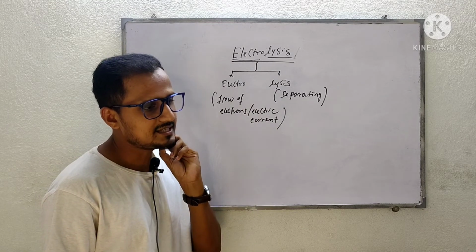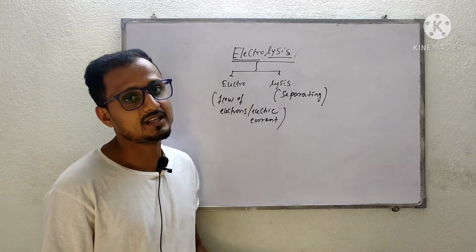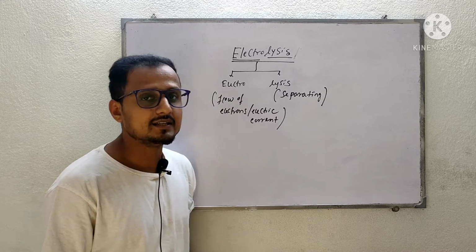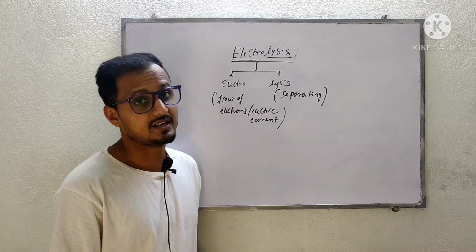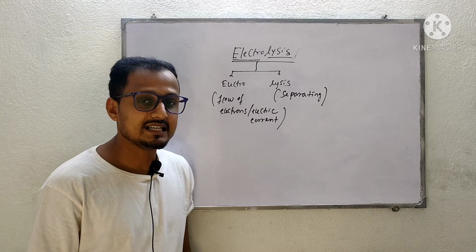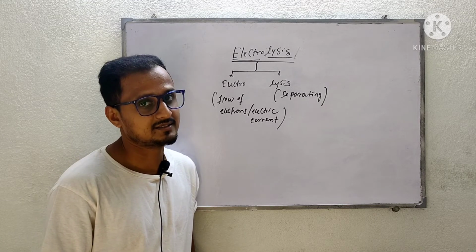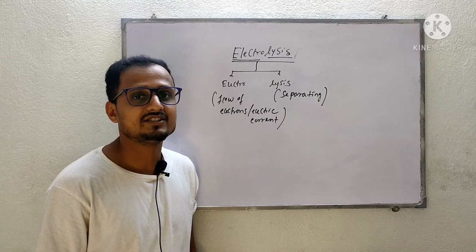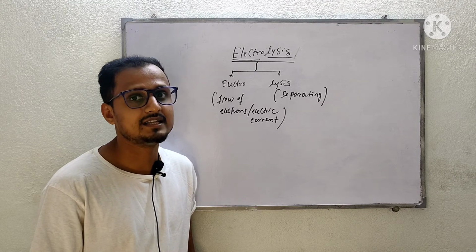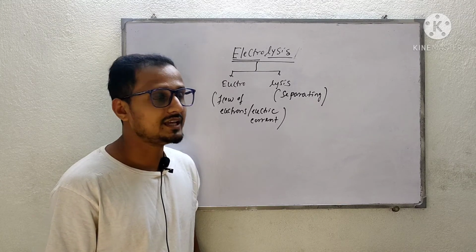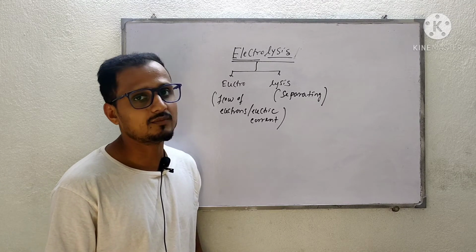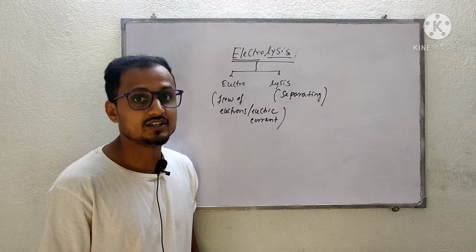Normally these metals are good conductors of electric current. That means if you pass electric current through them, they will pass the electricity easily, so they are good conductors of electric current in solid state.